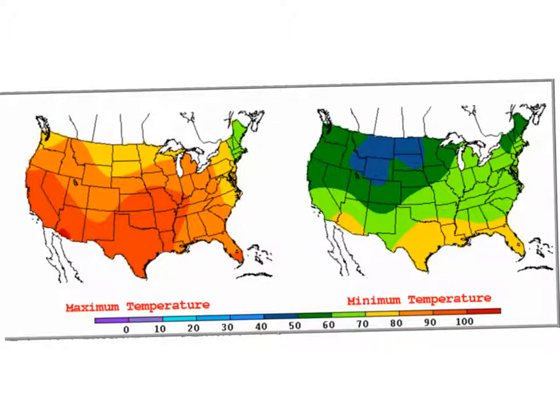Parts of Arizona, and from Texas to Florida, had a minimum temperature of 70 to 80, which is colored in orange. All the other areas, colored in yellow, had a minimum between 60 and 70 degrees.